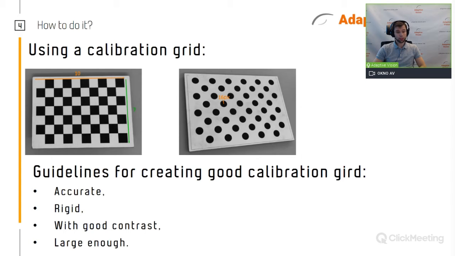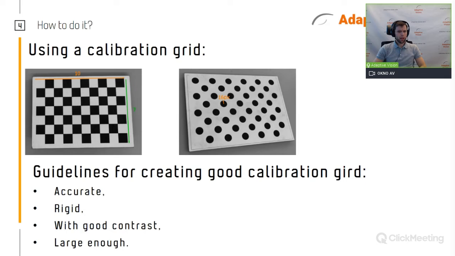We may experience some, let's say, hills on this sheet of paper, and it will not represent accurately our working plane. Two more requirements. We definitely need a good contrast so that, for example, we have got black dots on the white background or the opposite direction.